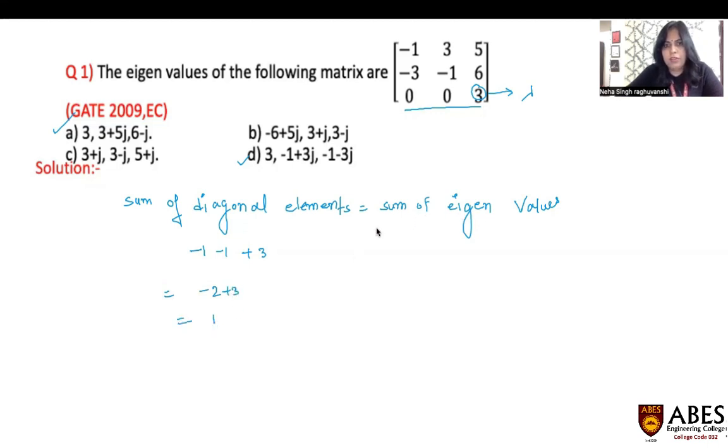It means the sum of eigenvalues should always be 1. So I am going to check which of option A or option D gives 1. See option D: if we add all three eigenvalues of option D, we get the value 1. It means D is the right answer and A is not. Because as per the property, the sum of diagonal elements must be equal to the sum of eigenvalues, option D is the correct answer.